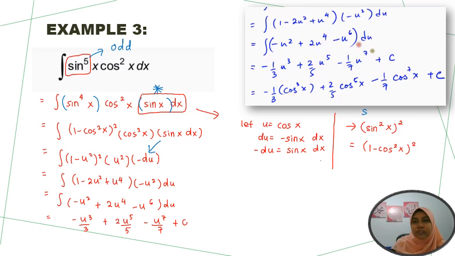We use the first trigonometric identity, sine square x plus cos square x equal to 1, and so sine square x equal to 1 minus cos square x. Then we can substitute u equal to cos x using this substitution.